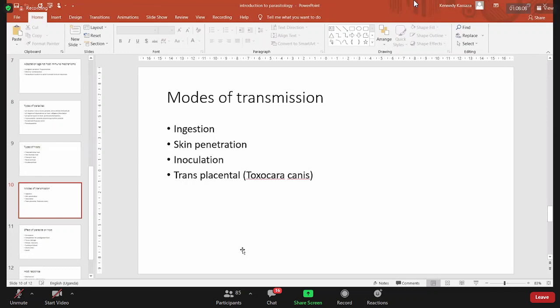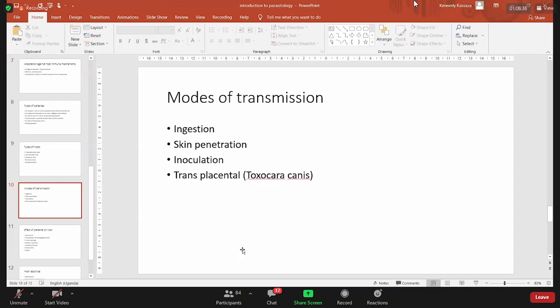Others use the mechanism of skin penetration. We have an example of trypanosomes, and then we have inoculation, where the parasite, through the bite of the vector, is injected in the blood circulation of the host.